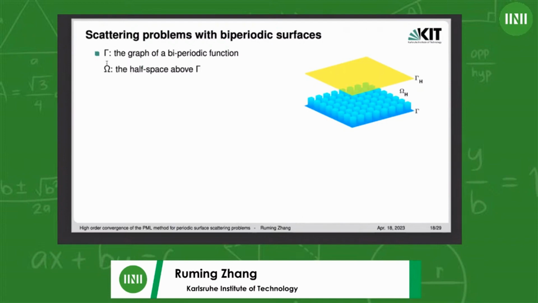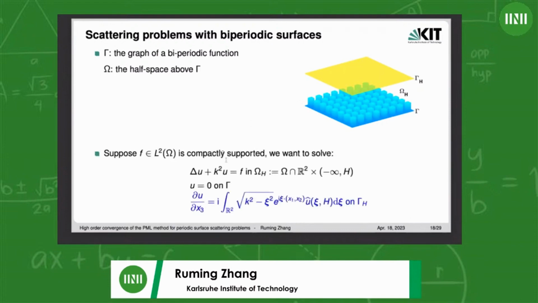Then we have the half space above gamma, also denoted by omega, and the problem is formulated almost in the same way. We still have the source term f, which is compactly supported in omega h, with a boundary condition and the detour map. However, now we have to use the vector c to replace the previous scalar-valued one.